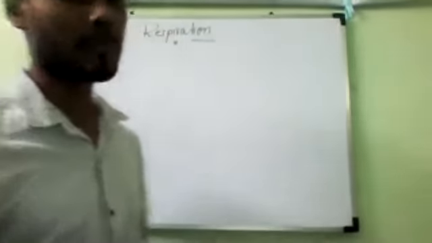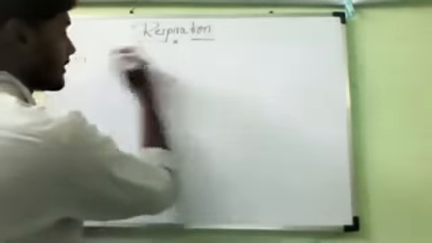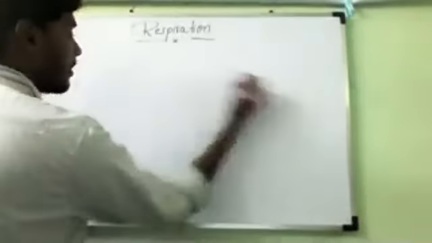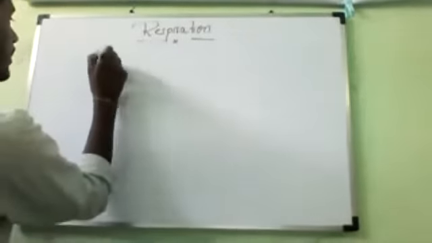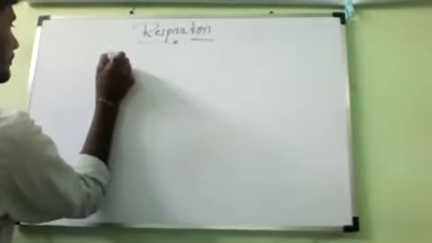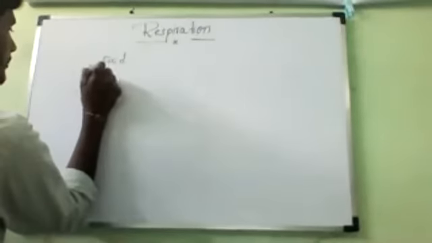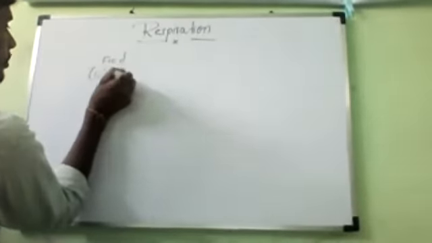We have studied the animal cell and plant cell. First, the raw materials. Food contains glucose, so glucose is present.